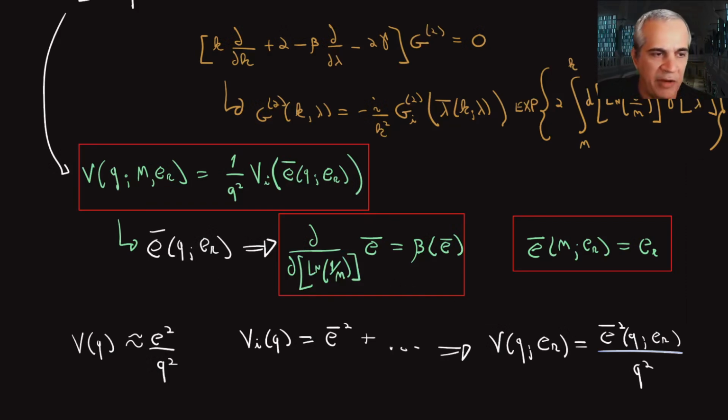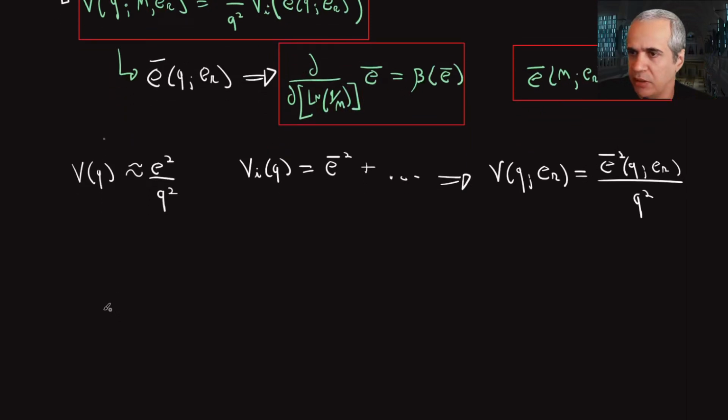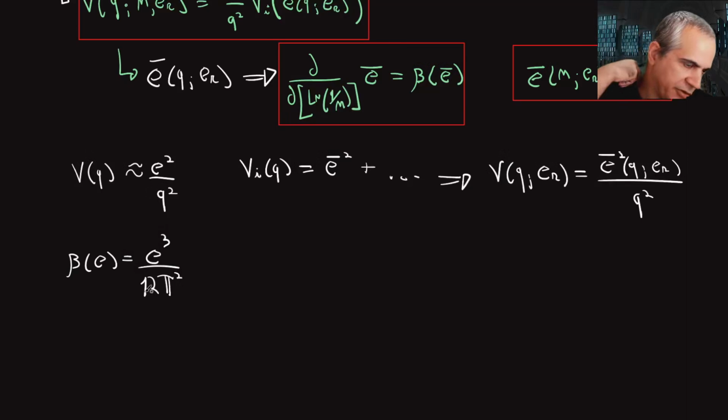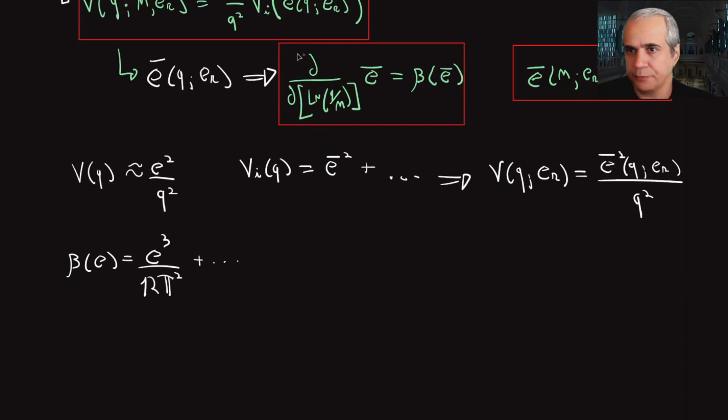We calculated a few videos ago, two videos ago, the beta function of QED, and that is just e cubed over 12 pi squared. At leading order, of course, there are higher order corrections, but at one loop, that's what you get. Now I just have to take this, put it here, and I'll get, let me copy it down here.